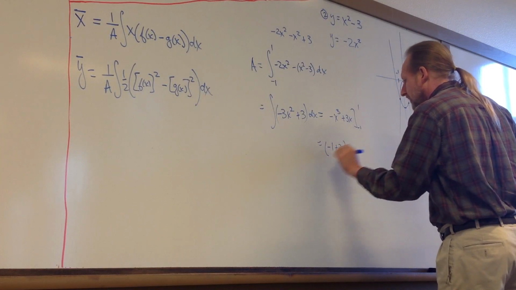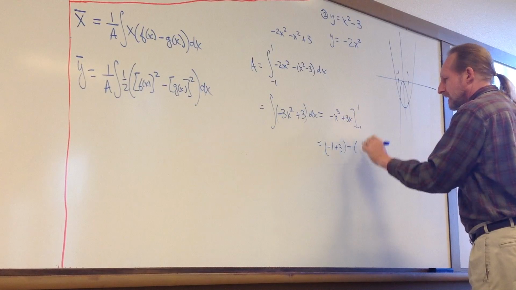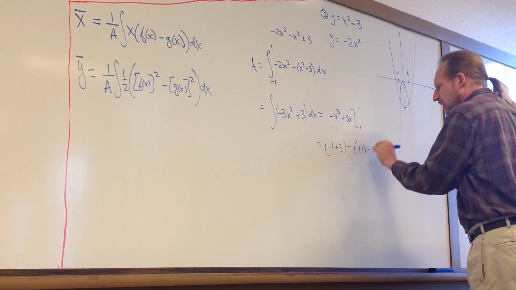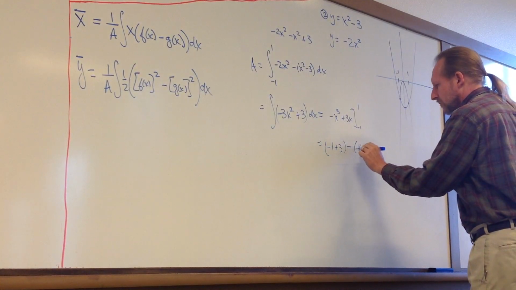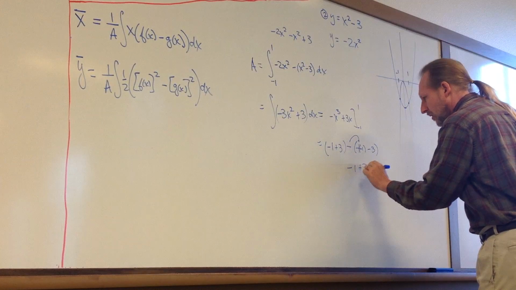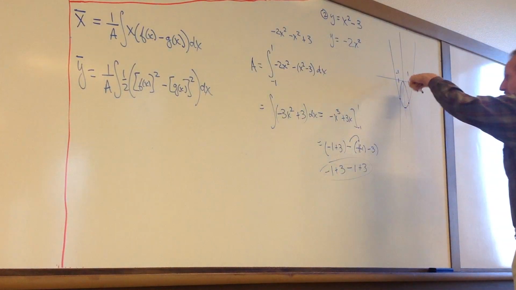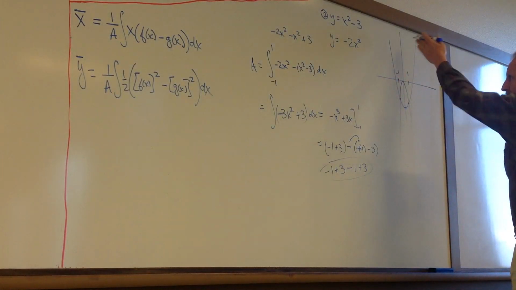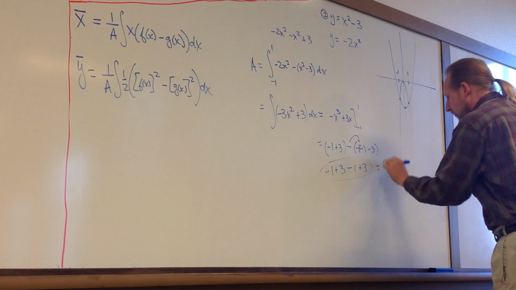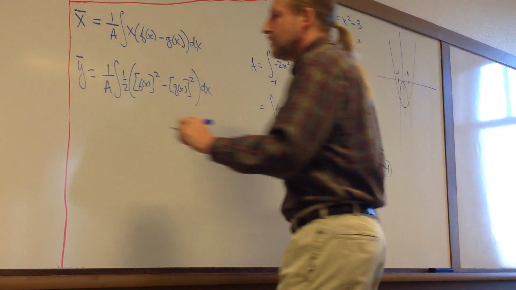Plus 3 minus this will be negative 1, and then minus 3. So that'll be plus, and then this will make it minus again. And this is that doubling that you frequently see in things that are symmetric about the y-axis. And so this ends up being 6 minus 2, which is 4. Okay, so we've got an area of 4.